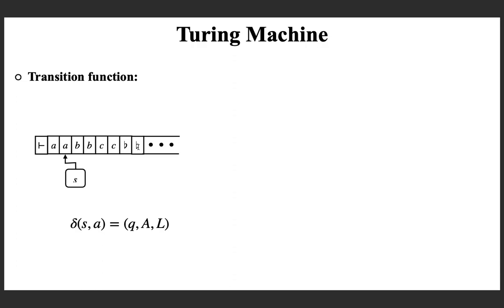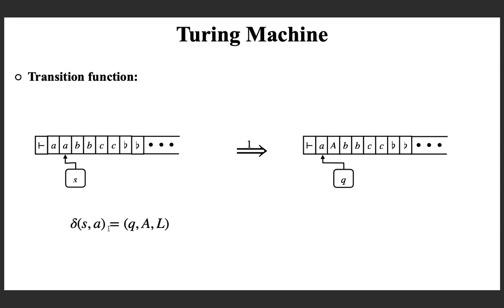So you know what a transition relation is. It says if you are in state small s and reading small a, change your state to q, replace small a with capital A and move left. No difference, same structure, same definition here as well.